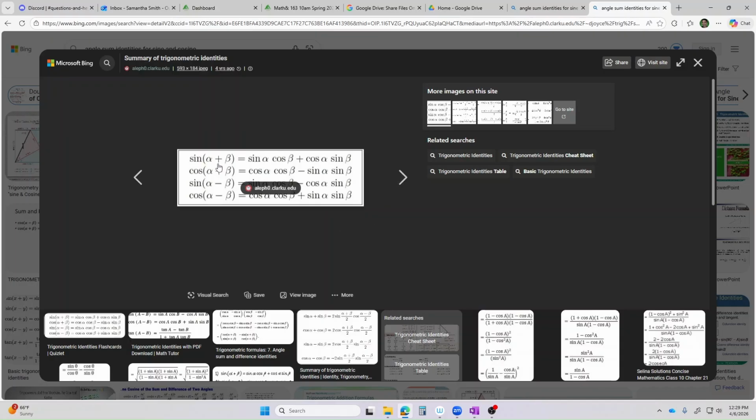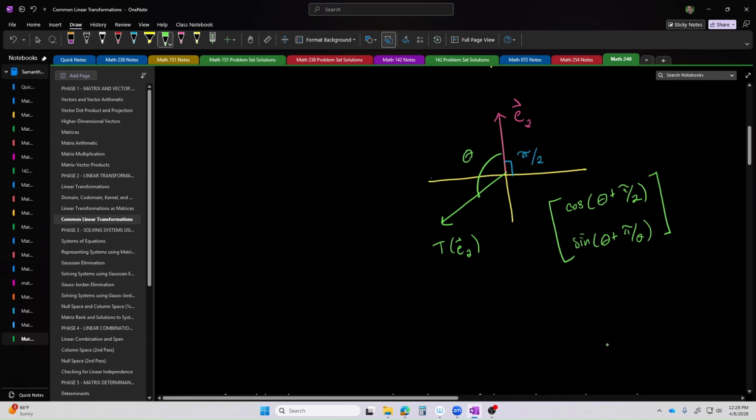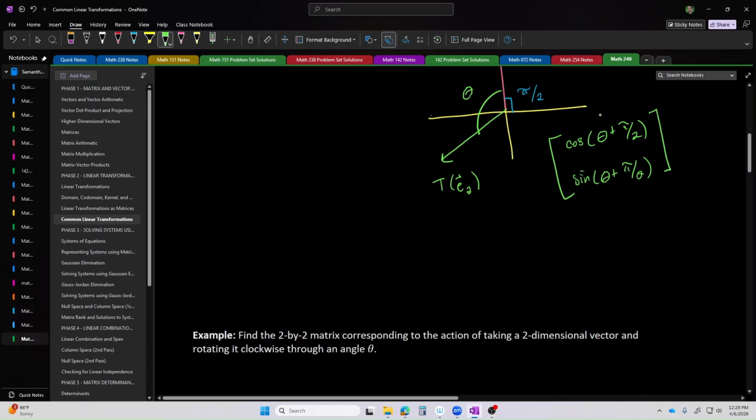And sine of alpha plus beta is the same thing as sine alpha cos beta plus cos alpha sine beta. I'm going to go ahead and apply these two formulas to my specific instance where alpha is this angle theta and beta is pi over 2.